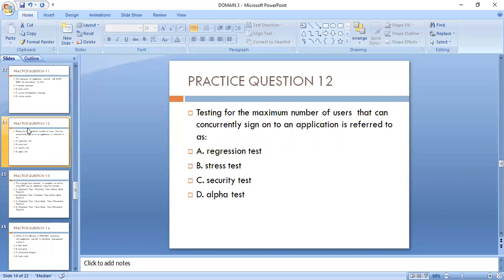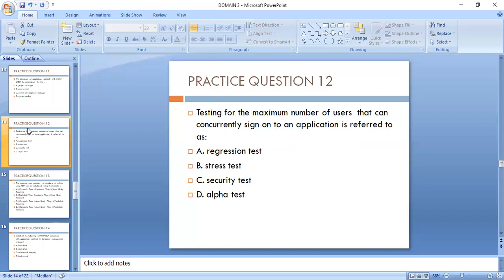Okay, alpha test, alpha is the first letter of the Greek alphabet. So it's like A. Okay, so that is the first level of test that is done with internal users to run the application within the organization and have a feel of it so that you can get feedback from users. So that leaves only B for us, stress testing.